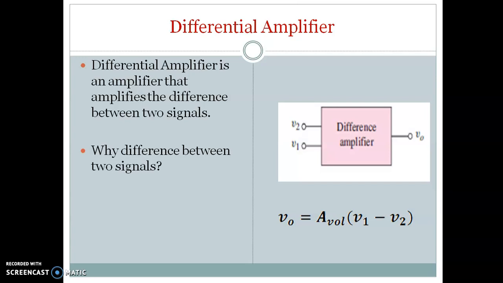Out of the two signals, one can be your reference signal and the other can be the real-time signal that is fed in, so that the amplifier amplifies the difference between the two. Accordingly, your system can make decisions from the output voltage.